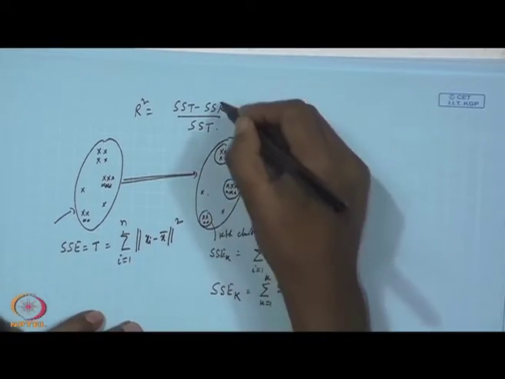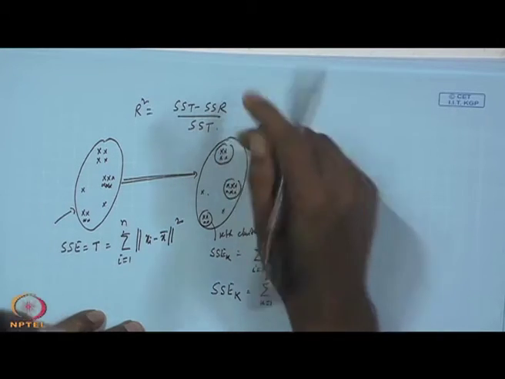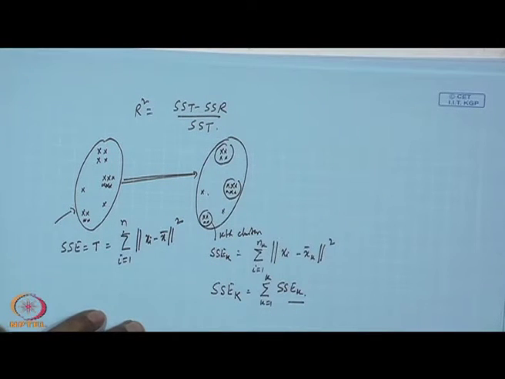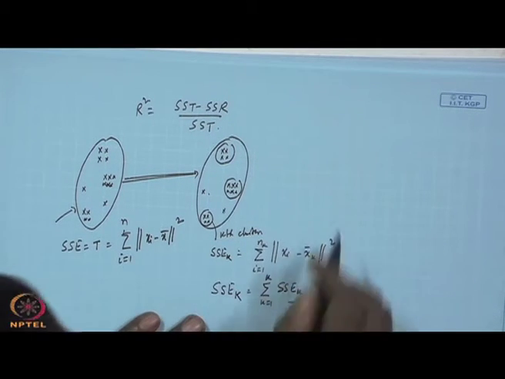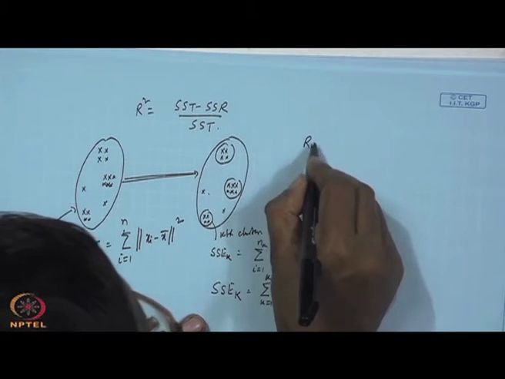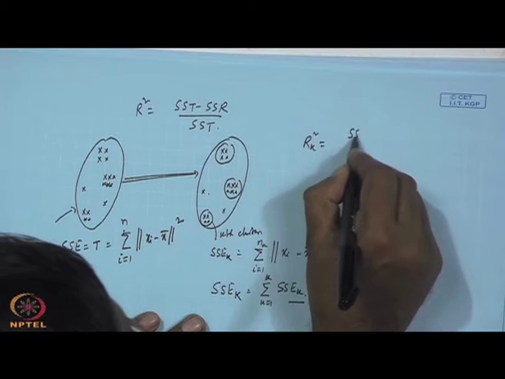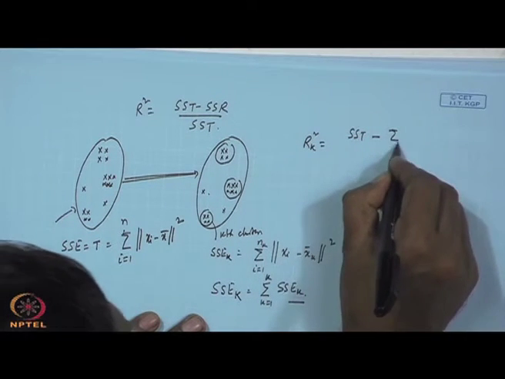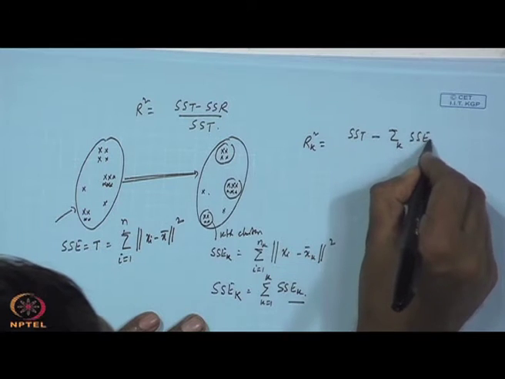Using this feature, as in regression, where it reduces the difference between the predicted versus original, in the same manner we can create Rk square, which is SST minus SSEk.